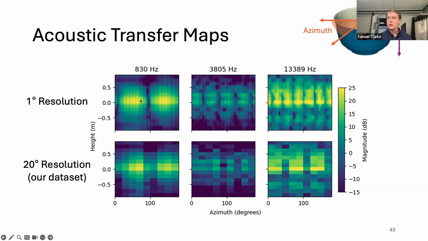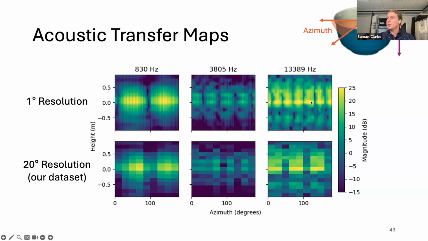Note that for most of our data set, we collected these sound fields at a 20-degree azimuth resolution, because it was taking a long time to sweep through all of these different angles. But for this bowl, we collected it at a 1-degree azimuth resolution.